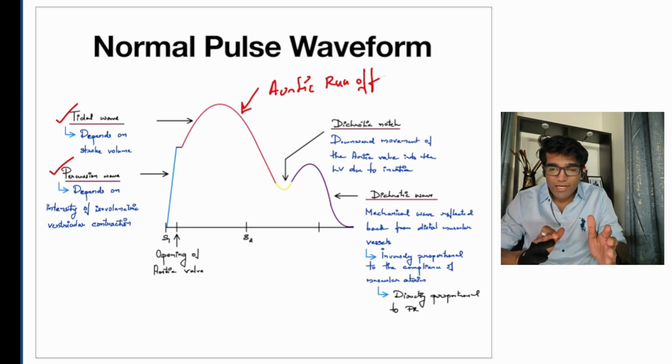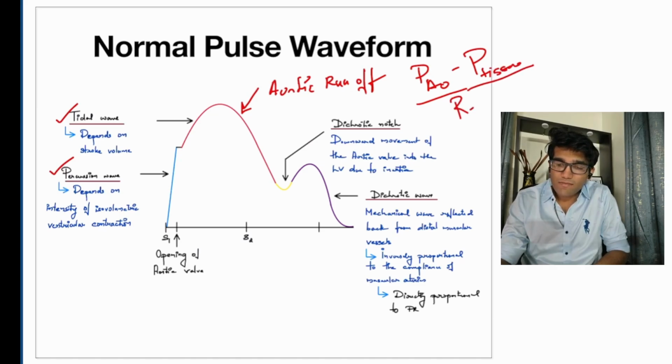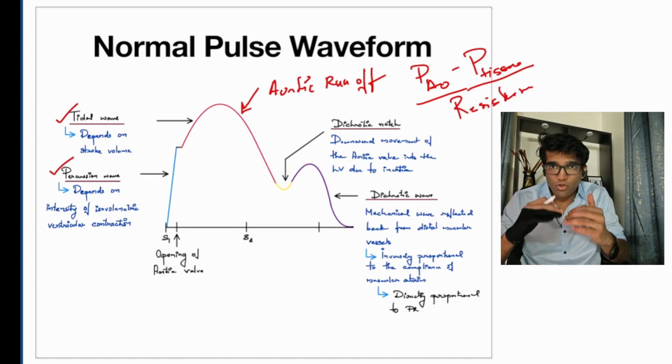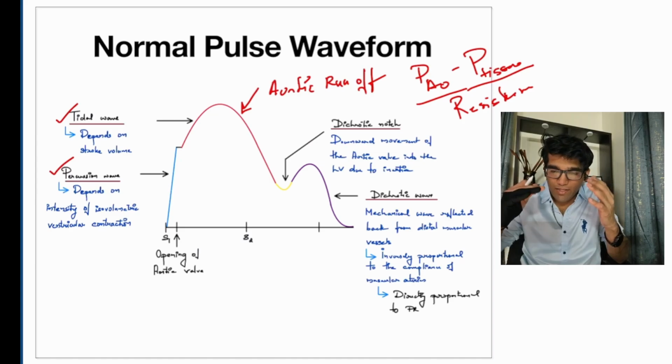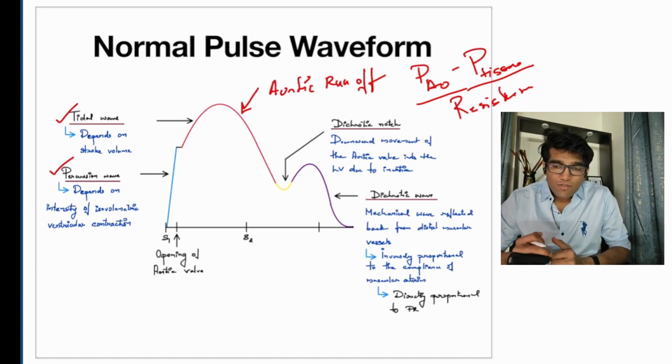So the pressure gradient there would be the pressure within the aorta minus the pressure in the tissue, okay, divided by the resistance. Now see, tissue pressures on average are always constant, and aortic pressure has gone from its normal 80 to 120 and then it's coming back to 80 during systole. Okay, so it is the resistance, or the peripheral vascular resistance, that determines this aortic runoff.